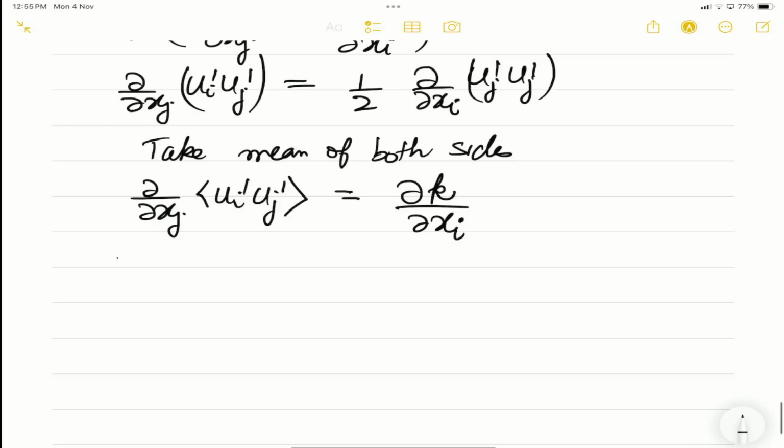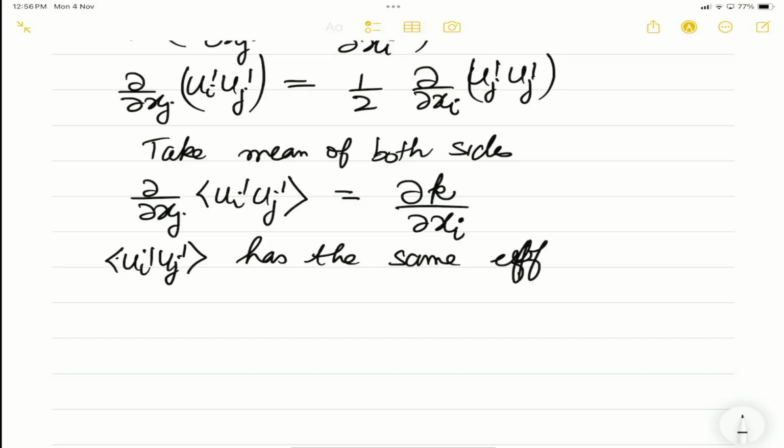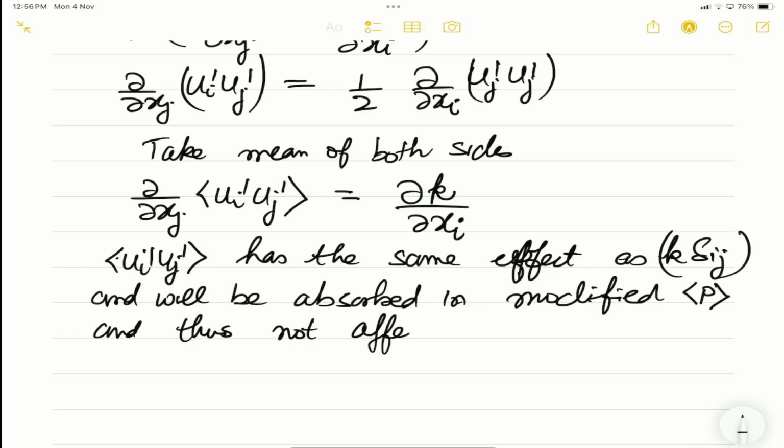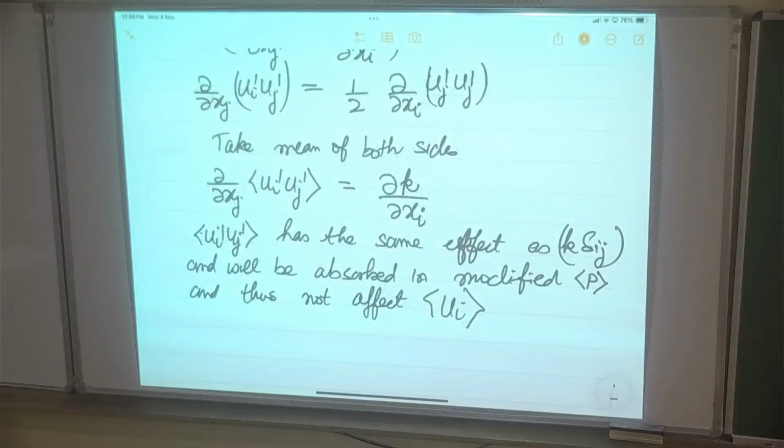So if that happens, then ui prime uj prime has the same effect as k times delta ij, and will be absorbed in the modified P, and thus will not affect the mean of ui. And this is something which we had earlier.